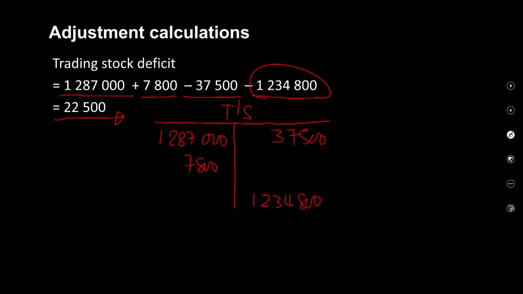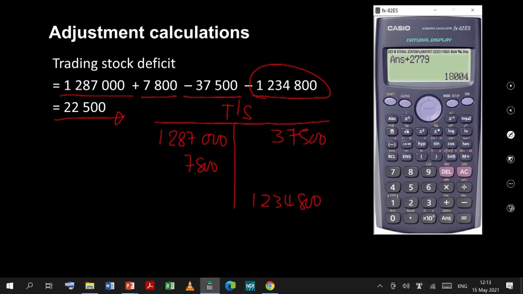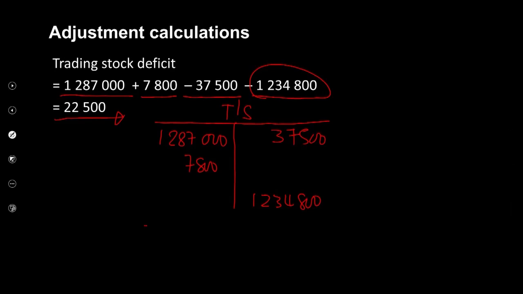Let's do the calculation so we can see it. 1,287,000 plus 7,800 minus 37,500 minus 1,234,800, and there you go, 22,500 clearly is your missing figure, meaning you have an entry for what? Trading stock deficit, a debit of 22,500 and a credit to your trading stock of 22,500.